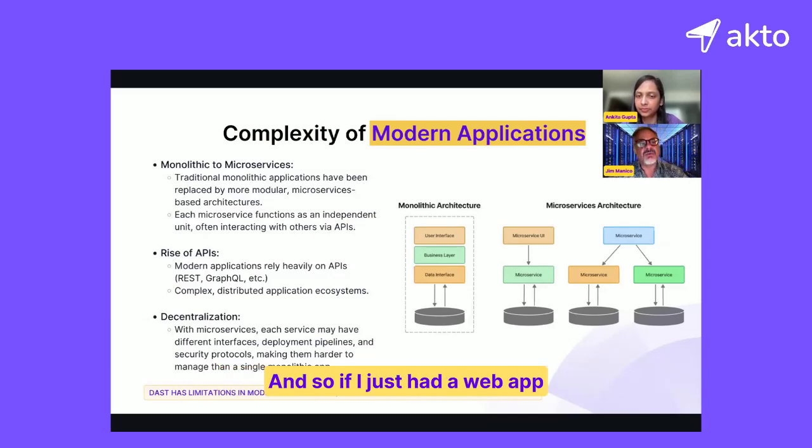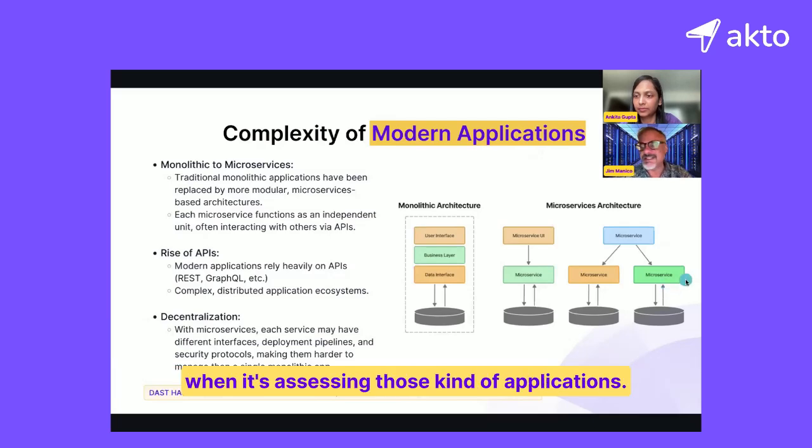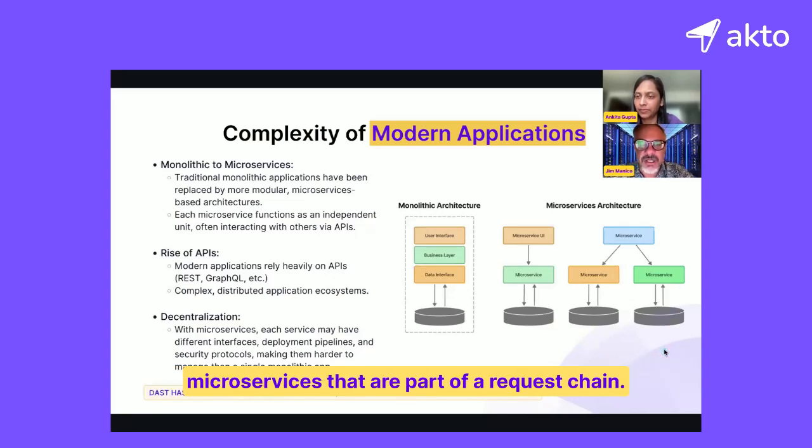And so if I just had a web app with the database, the traditional DAST technology is mature when it's assessing those kinds of applications. And even in that case, DAST has its limits. But in a microservice architecture, DAST tends to break down, especially when you're talking about intranet microservices that are part of a request chain.